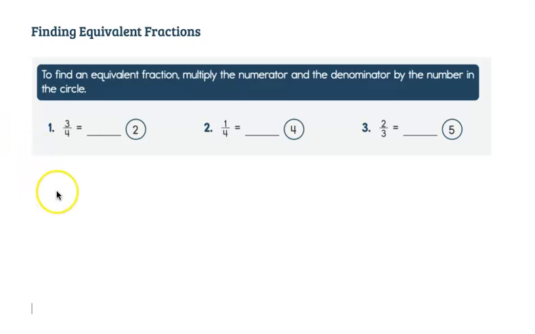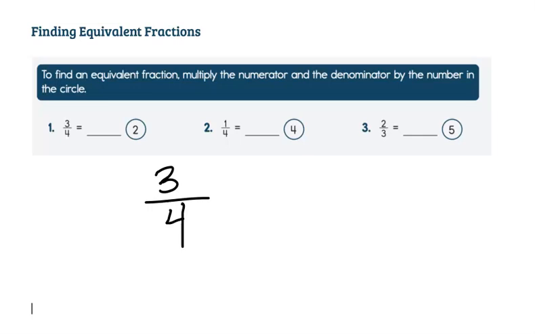Okay, so let's practice with finding equivalent fractions. First, when you are trying to find an equivalent fraction, you simply need to multiply or divide the numerator and the denominator by the same number.